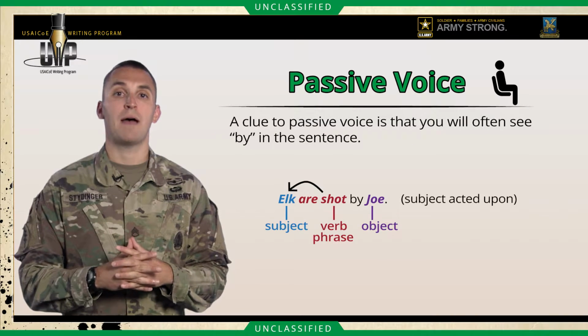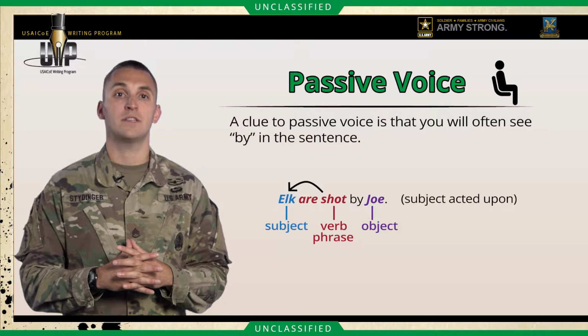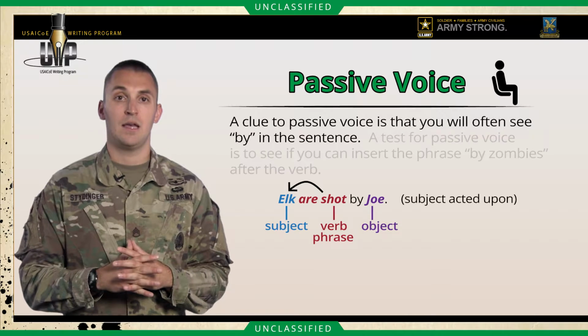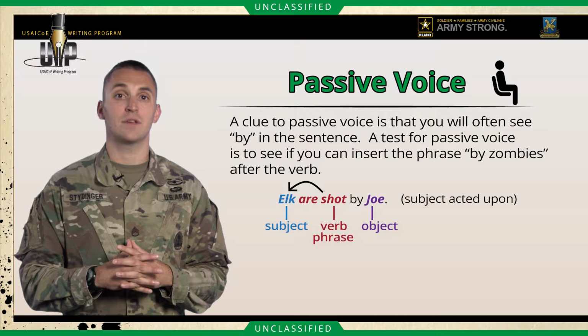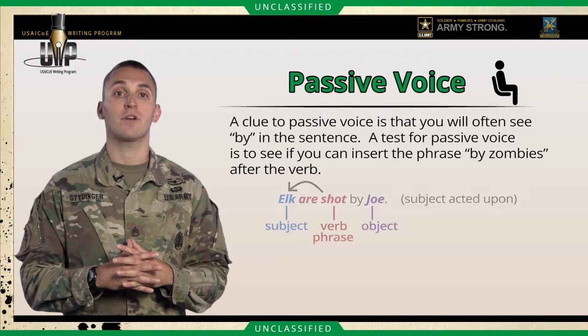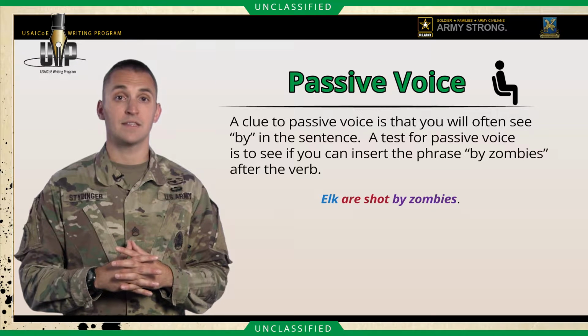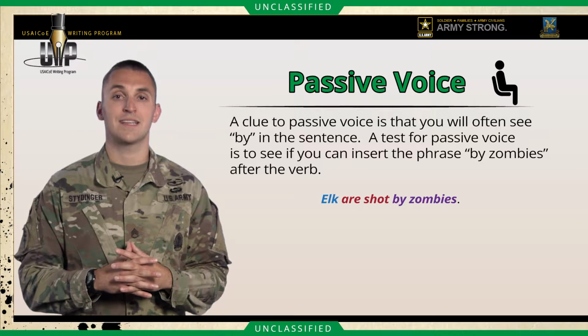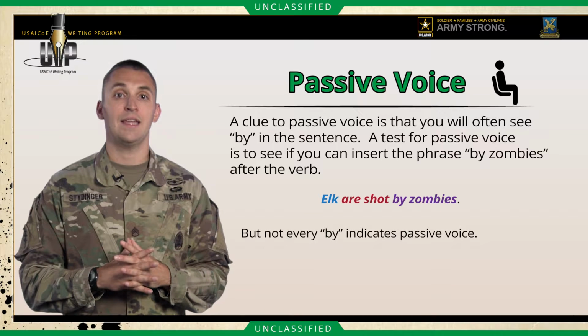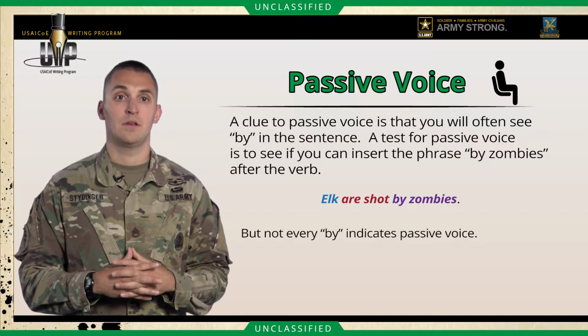A clue to passive voice is that you will often see by in the sentence. An interesting test for passive voice is to see if you can insert the phrase by zombies after the verb. If it makes sense, you have most likely written a sentence in passive voice. But not every by indicates passive voice.